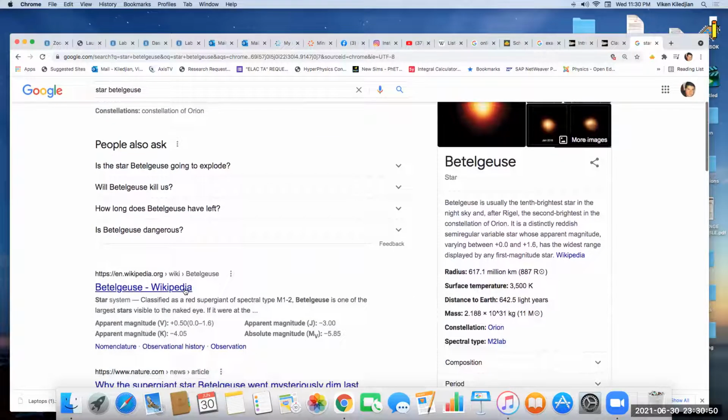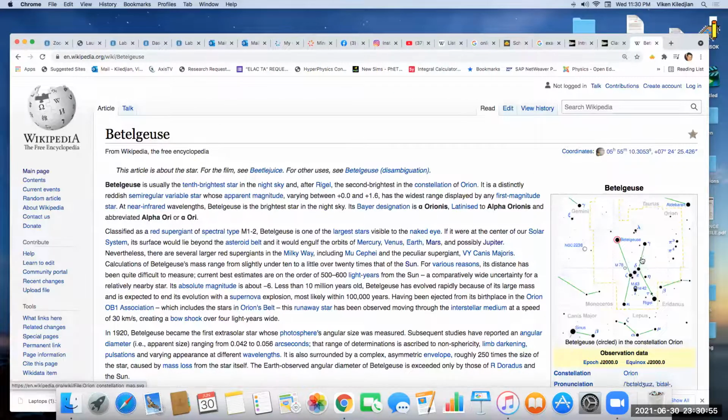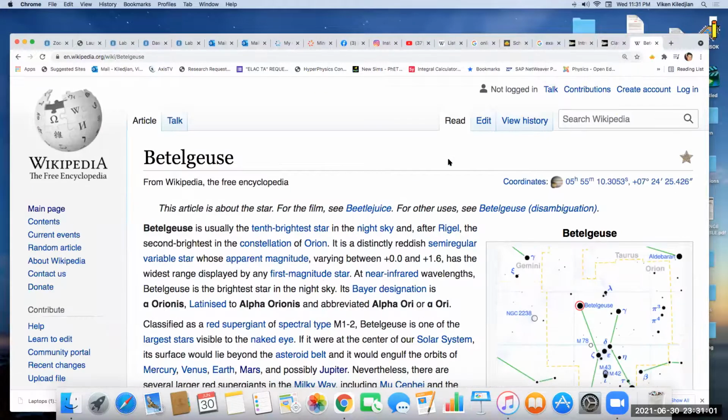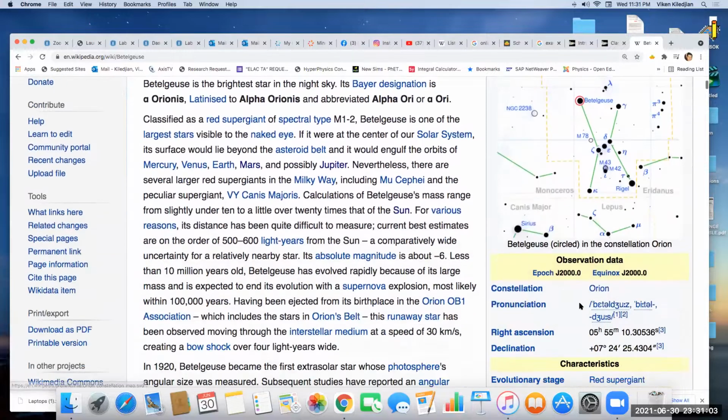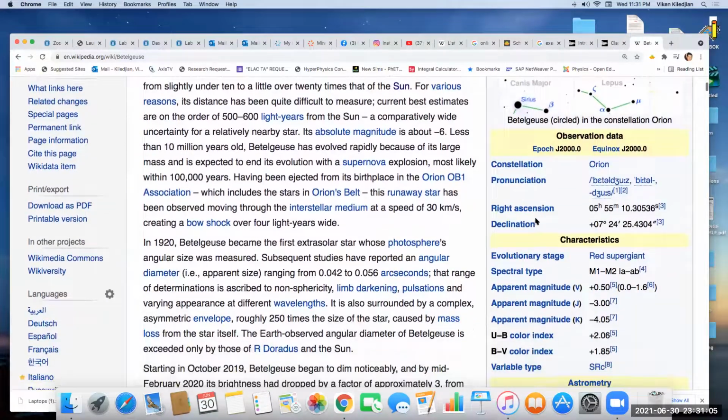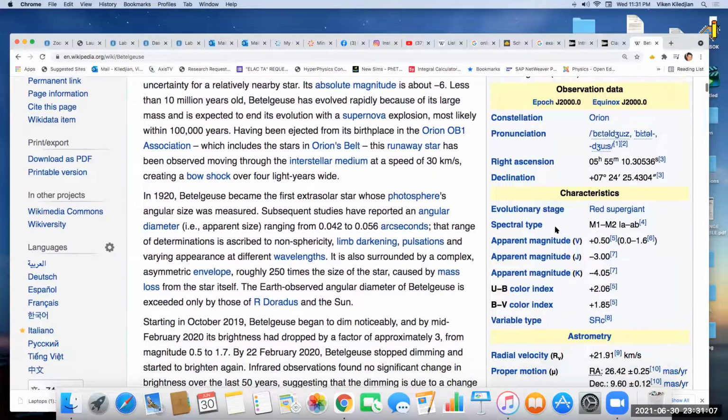I usually just go straight to Wikipedia, and it's got all the information that you need, what constellation the star is in, and all the data about the star. You see, it's got the constellation, the right ascension, the declination. It's got the spectral type. See, that's what we talked about a minute ago with the OBAFKM. Apparent magnitude, that's the little m. You see, that's the little m right there.